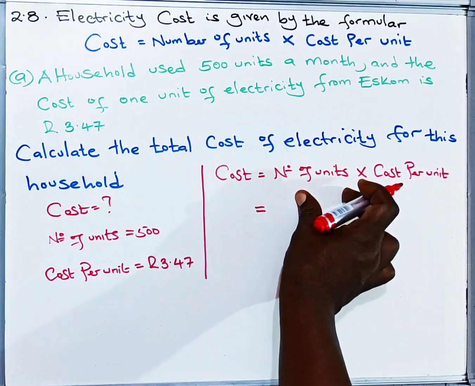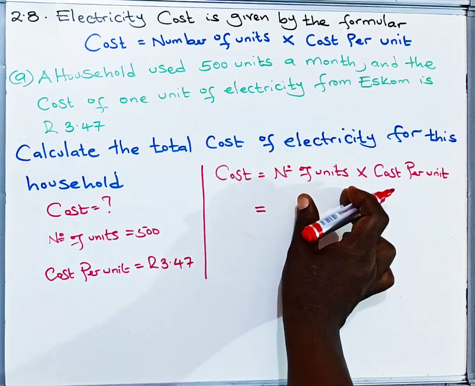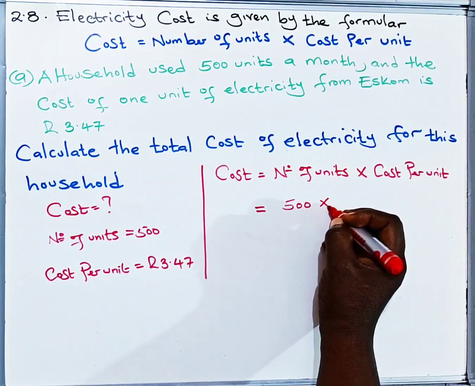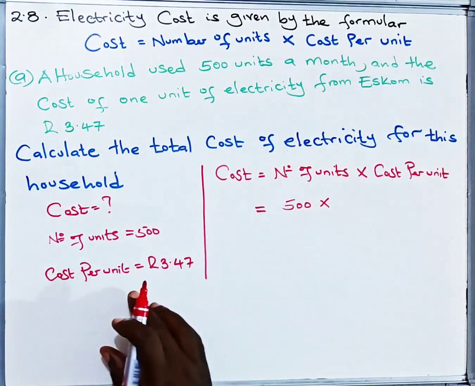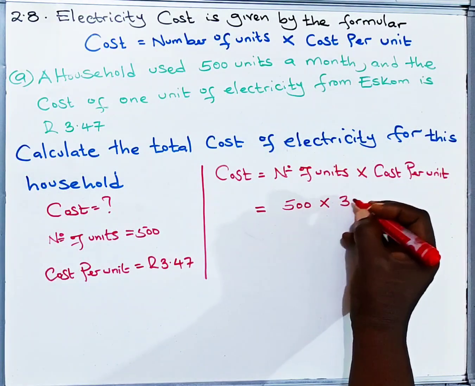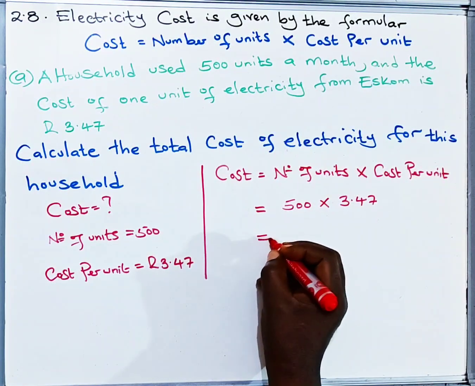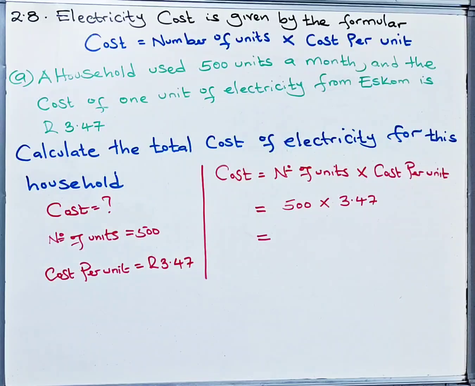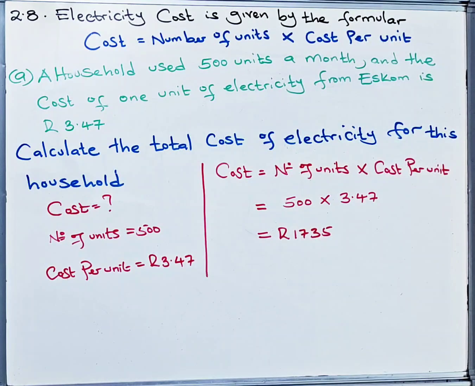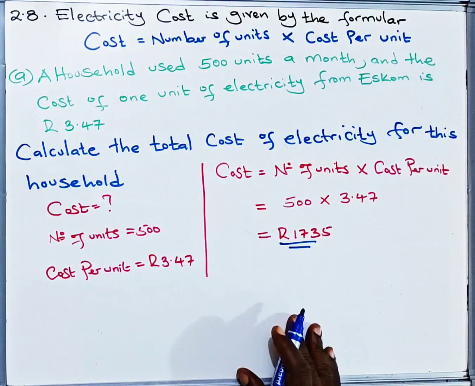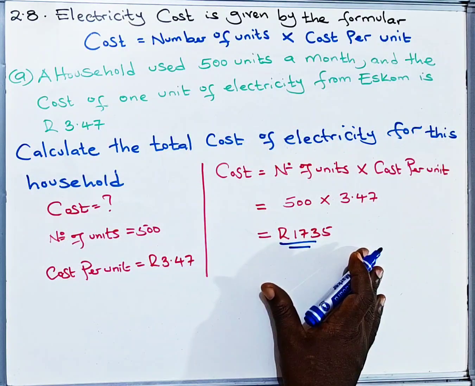So we can substitute for number of units, which is 500. And you can also substitute for the cost per unit, which is 3 rand 47 cent. And what we get out of here is going to be the total cost for this household. Yeah, that is it. So we get it as 1,735 rand.